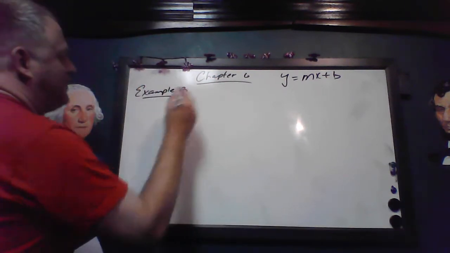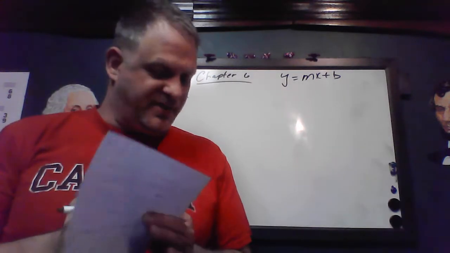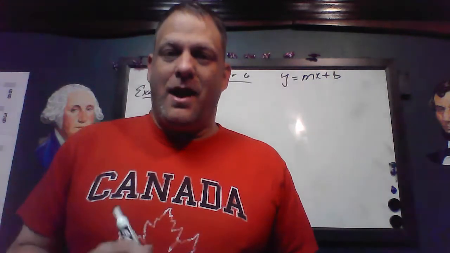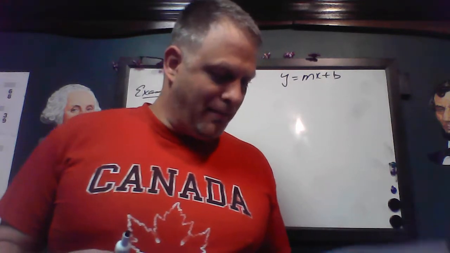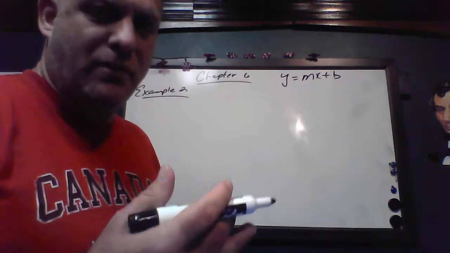Okay, so in part 1, which there wasn't supposed to be a part 1, we got to the graph part, but we didn't get to the substitution part. So in example 2, there's going to be a substitution part. So let's go back to those problems from before.